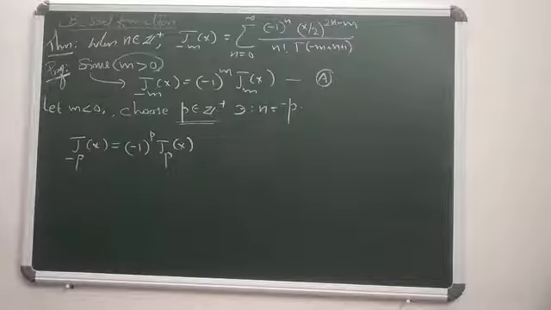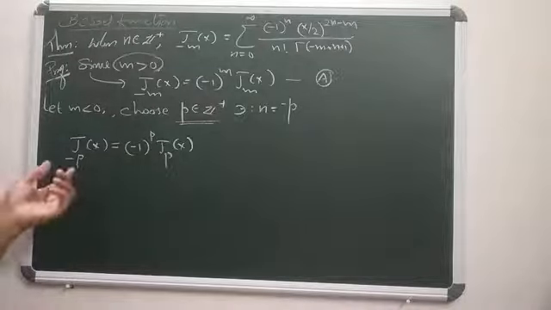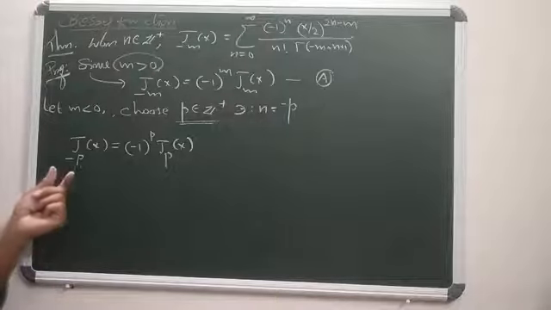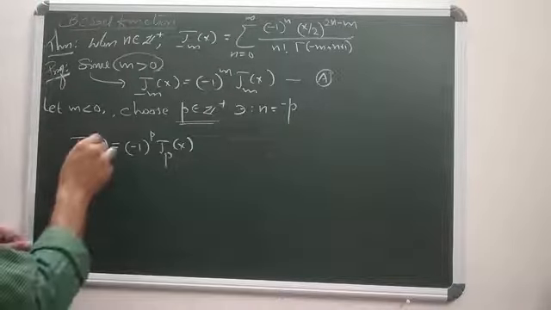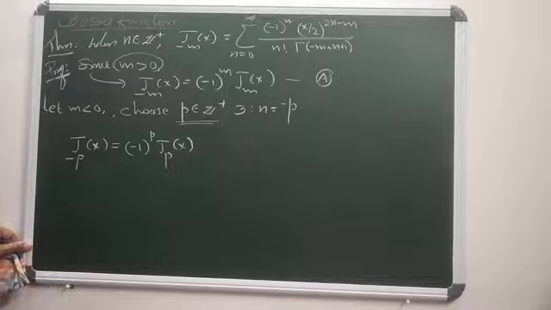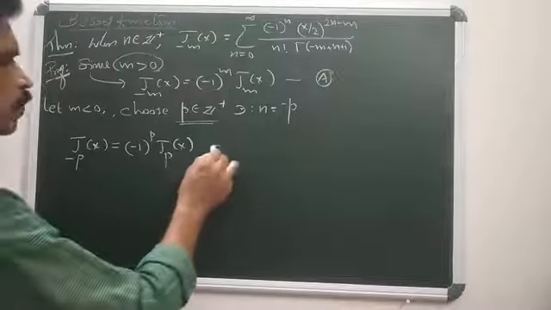Here we choose p as a positive integer, so it has positive behavior. So J_{-p}(x) is (-1)^p J_p(x). So from here, what is J_p(x)?